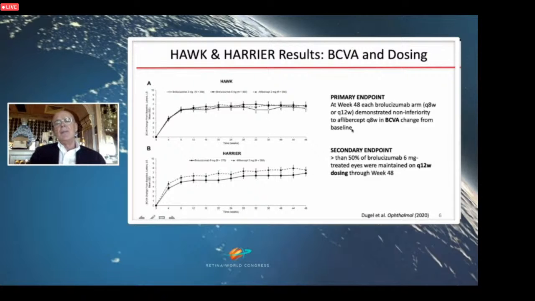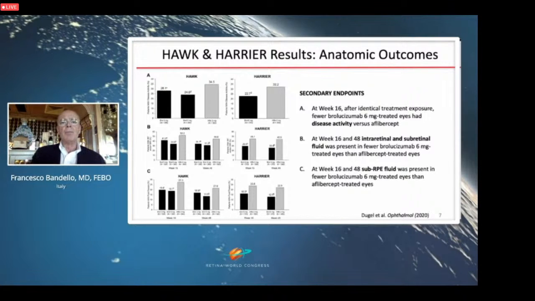As you can see, the primary endpoint, which was non-inferiority, was met: the two different dosages of brolucizumab were able to guarantee the same level of efficacy compared with aflibercept. And this was true in both trials.